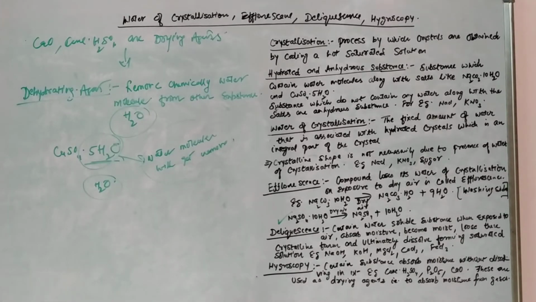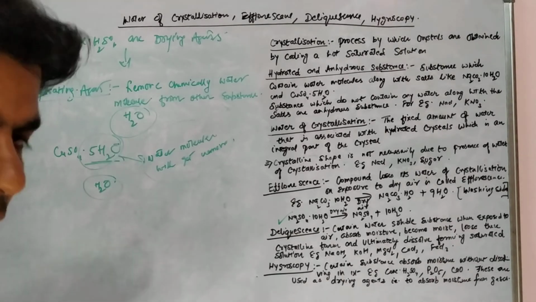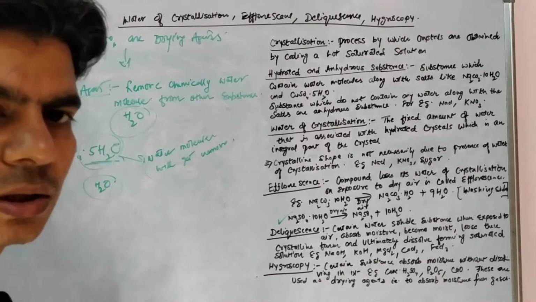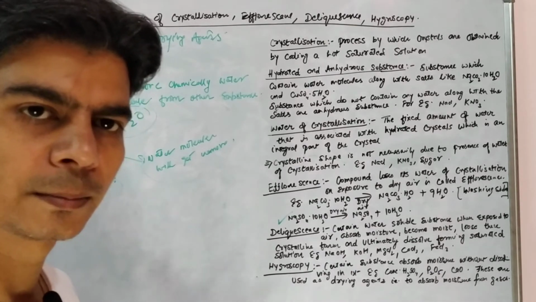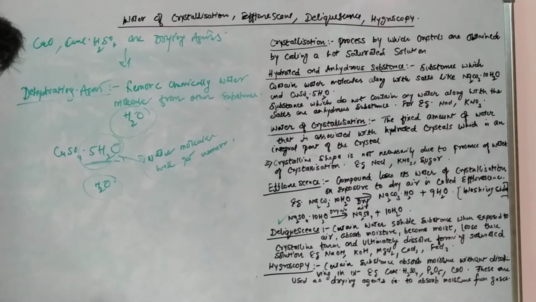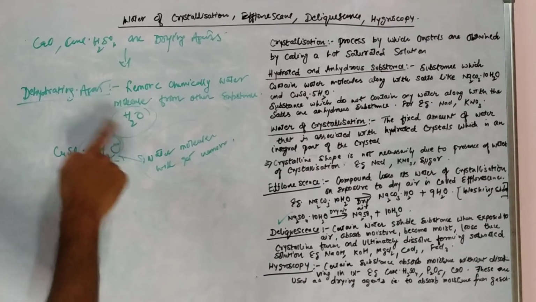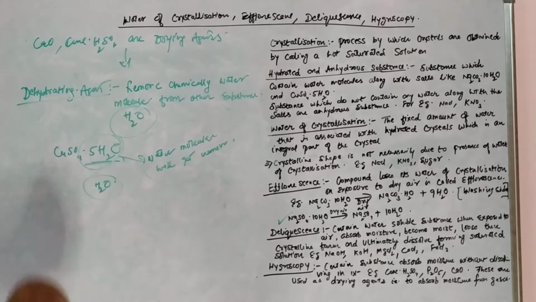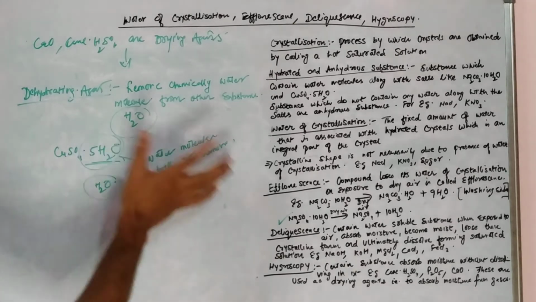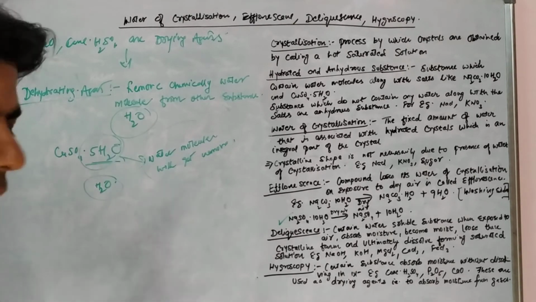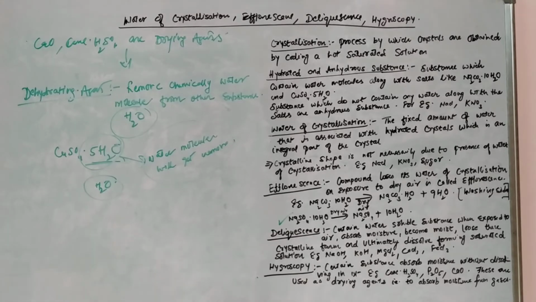So there is a little difference that you can see in your books. The drying agent is a physical process since it absorbs moisture, and this would be a chemical process. Why? Because it's a chemical change, as it's removing water molecules from this salt.